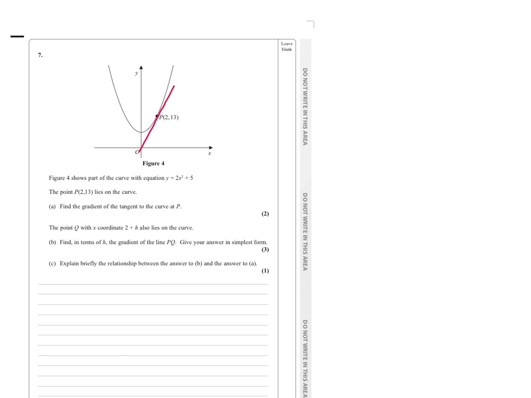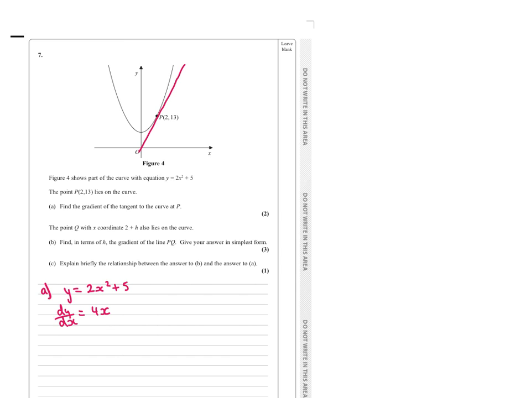I know it looks like it passes through the origin, but we're not sure if this is true yet. How do we find a gradient function? Well, we can differentiate. So if y equals 2x squared plus 5, our gradient function for this curve, multiplying by the power and bringing the power down by 1, is 4x.